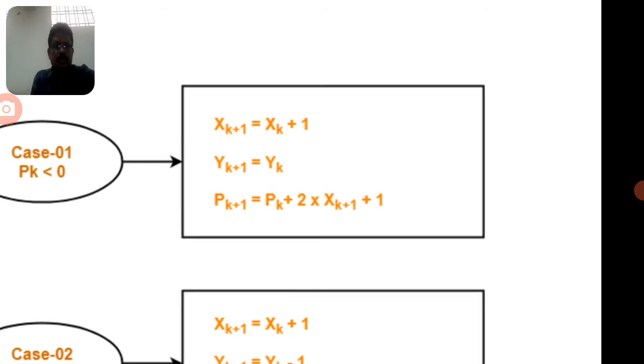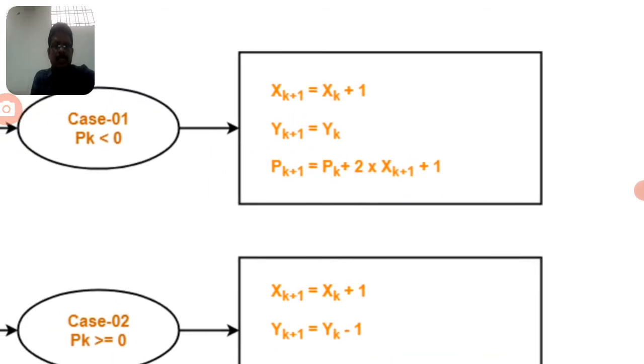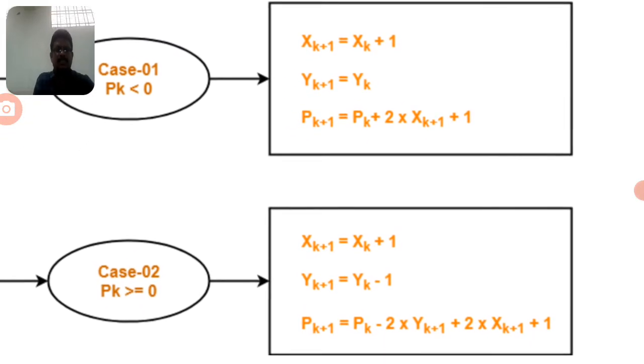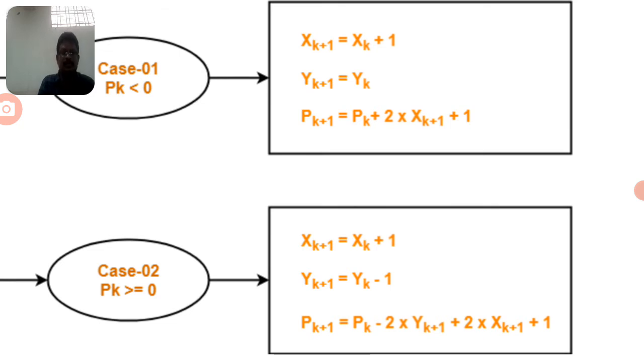So clearly you can identify these cases. In case 1, xk plus 1 equals xk plus 1 and the y coordinate doesn't change. These two are the next coordinates, xk plus 1, yk plus 1. The next decision parameter pk plus 1 equals pk plus 2 into xk plus 1 plus 1. So this is case 1, if pk is less than 0.